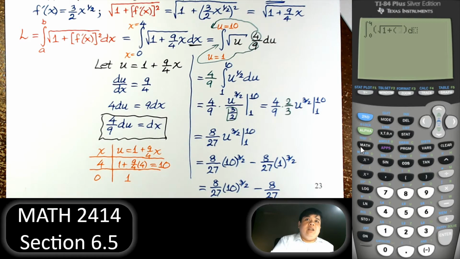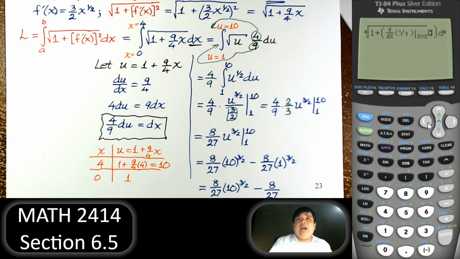Open parentheses, math, and the derivative is option number 8. We're going to take the derivative with respect to x. Hit variables, y variables, and y1. So either we do that, or you can hit alpha, trace. So we take the derivative of the function y1 with respect to x when x equal to x.